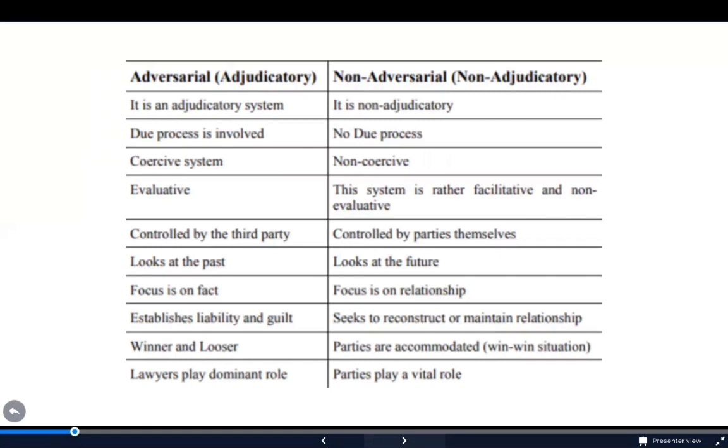One important point is that in the adjudicatory process, you have a winner and a loser. However, in non-adversarial processes, sometimes of course there is a winner and loser, but a lot of times the goal is to have a win-win situation for both of you.